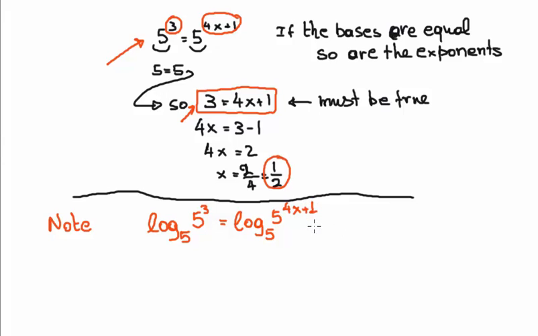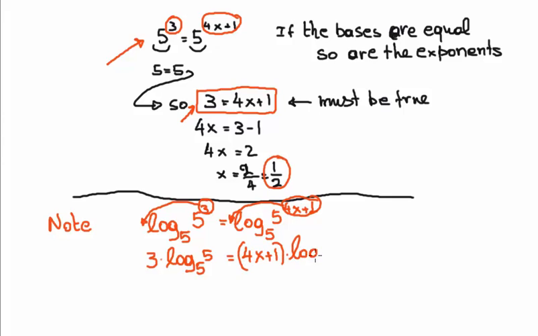But using now the rules of exponents, I can bring the exponent down and multiply it by the logarithm in both cases. Then what I get is 3 times log with base 5 of 5 is equal to (4x plus 1), remember that you need to put this in parentheses, times log with base 5 of 5.